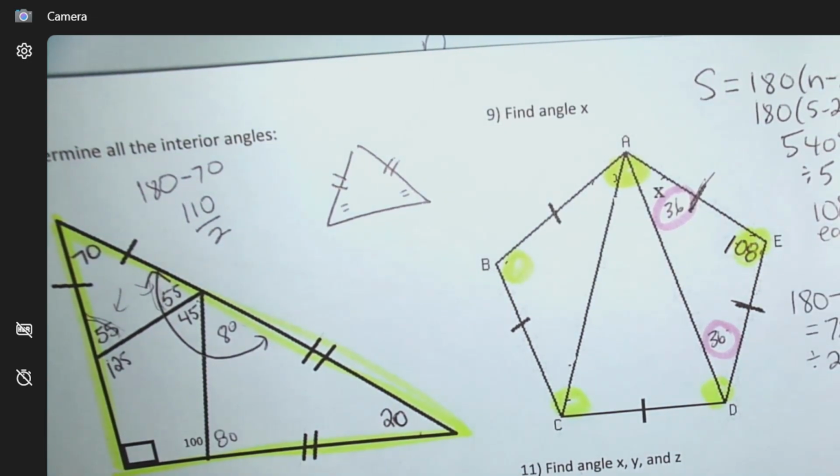Does that make sense as a strategy? So I had to use the summation formula. I got that corner. I had to use the 180 triangle, and I had to use isosceles rules.